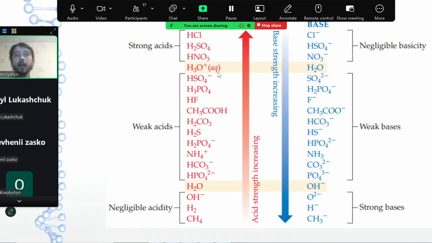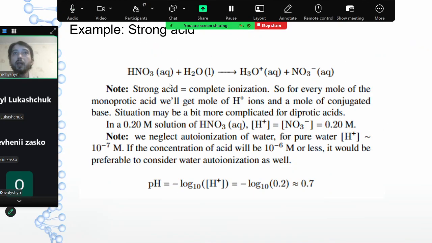Weak acids have pKa somewhere in between the values I showed you, and they partially dissociate. Here are some things that are not considered acids at all. A similar scale for bases just goes the other way around. Strong bases are down here, they are pretty willing to accept a proton. Weak bases are in between, and negligible bases are somewhere there, they do not want to accept any protons.